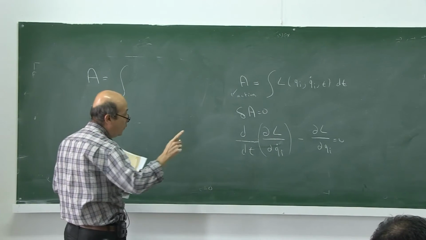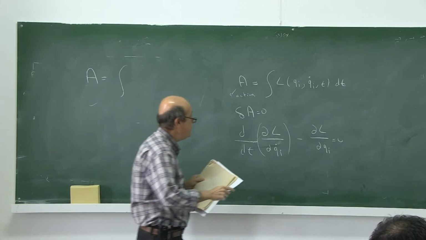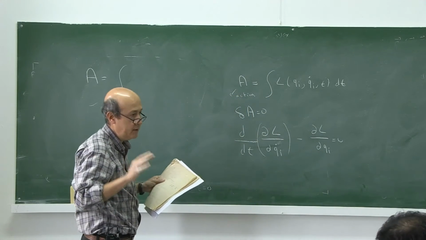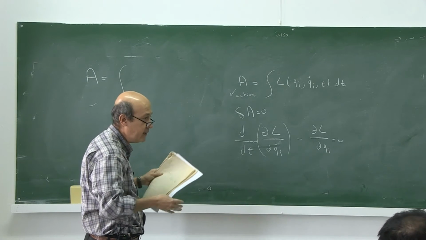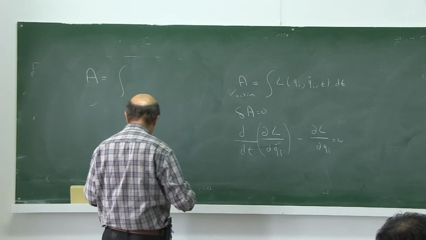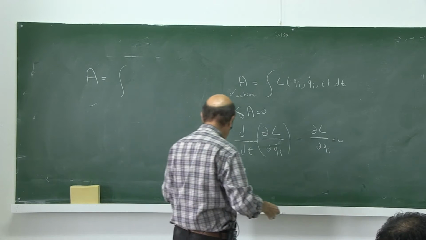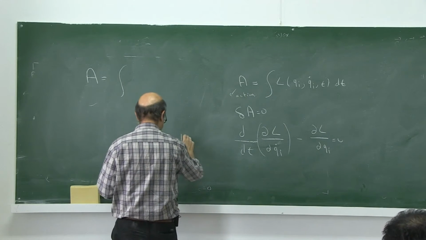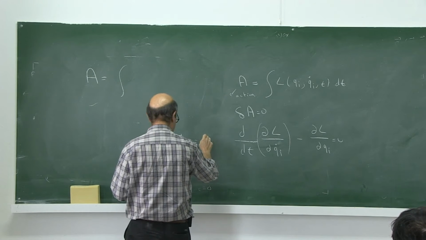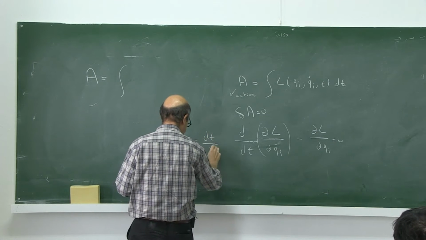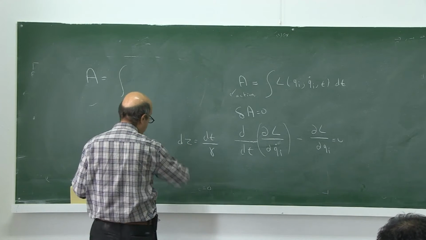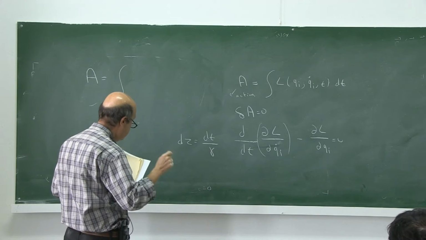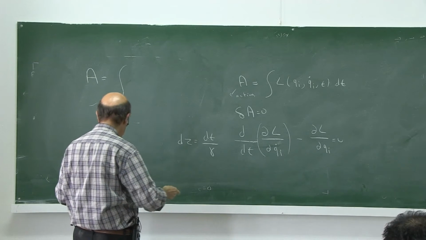Time is not unique, but the proper time is unique. It's the same for every observer. The relation between dt and d tau is simple: it's a gamma factor. Everybody agrees that the proper time is the same.